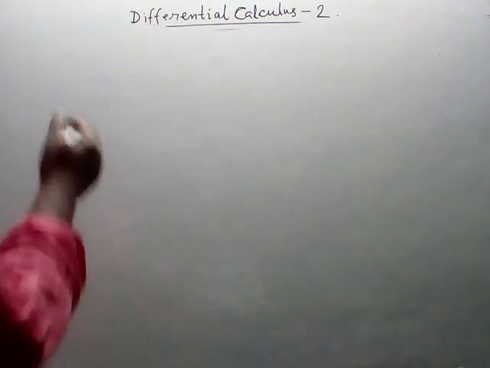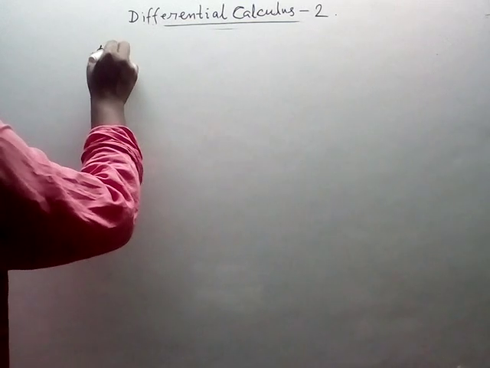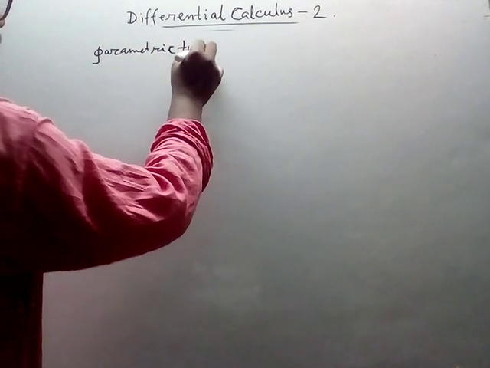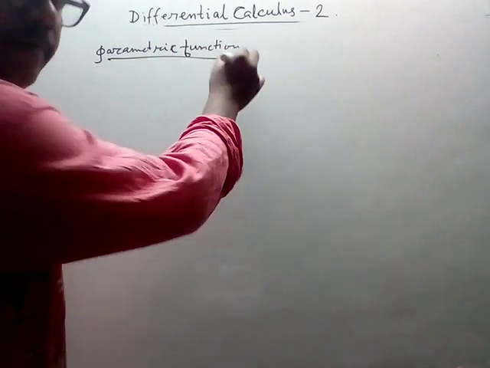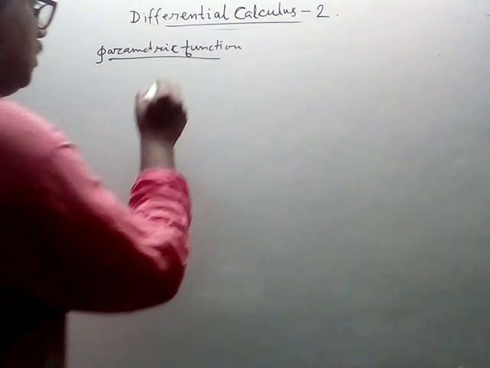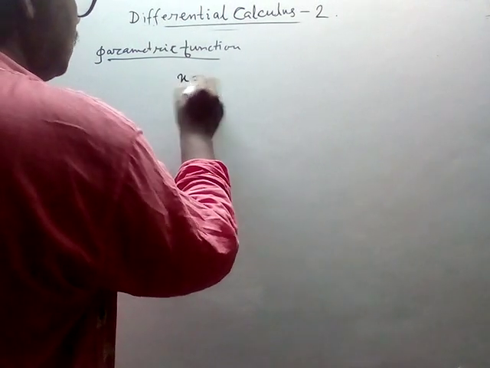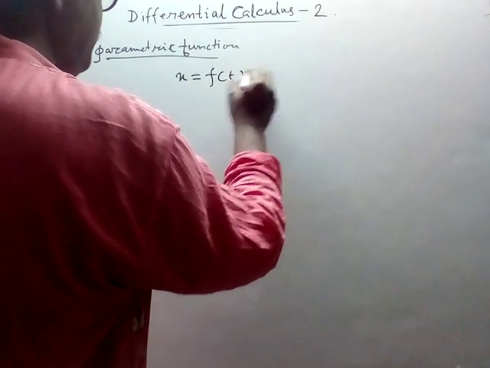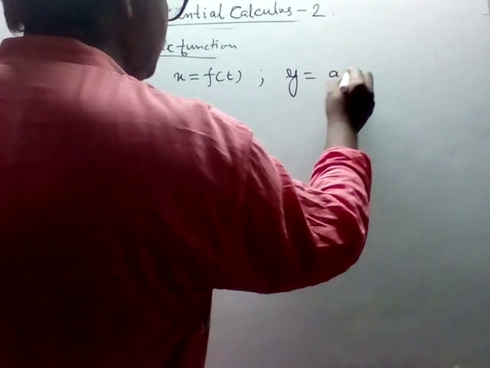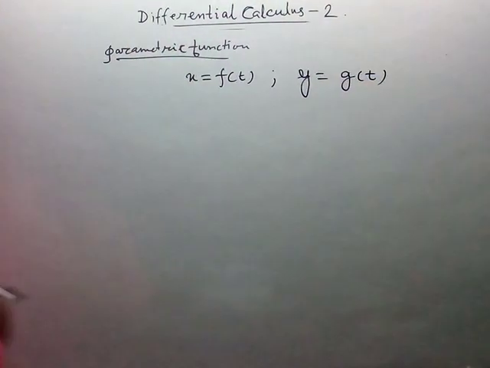Now, parametric functions. Derivative of parametric functions. Suppose x equals f(t) and y equals g(t). t is the parameter.